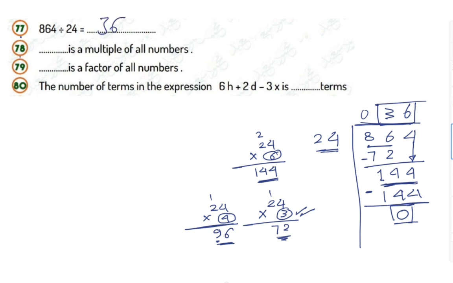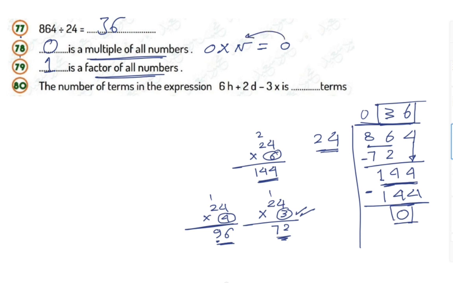Okay, next point, 78. What is the multiple of all numbers? Of course 0. Factor of all numbers is 1. Why? Multiple of all numbers, because if you multiply 0 times any number n, that's equal to 0. So 0 is a multiple of this number.